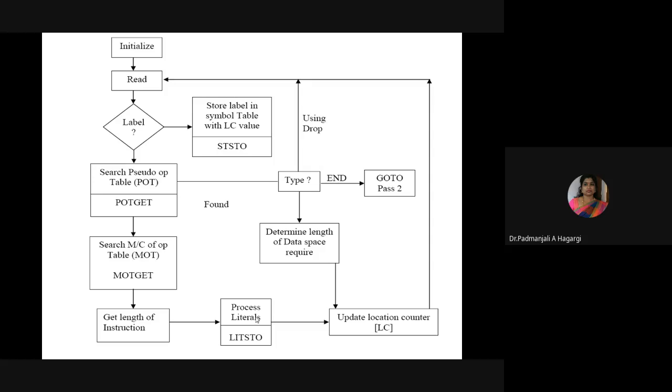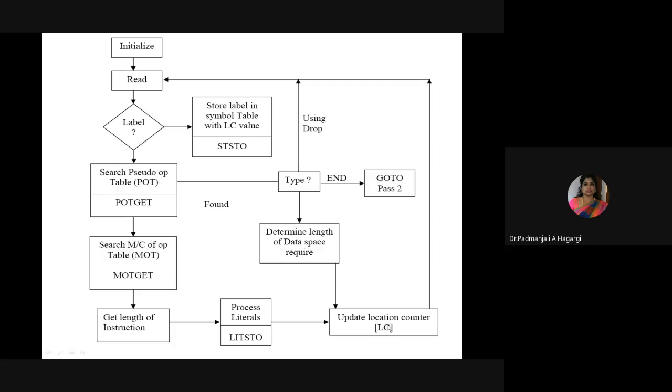Now it's time to process the literals, whatever constant values are used in the program, which are listed in the literal table. And now it has to update its location counter also.